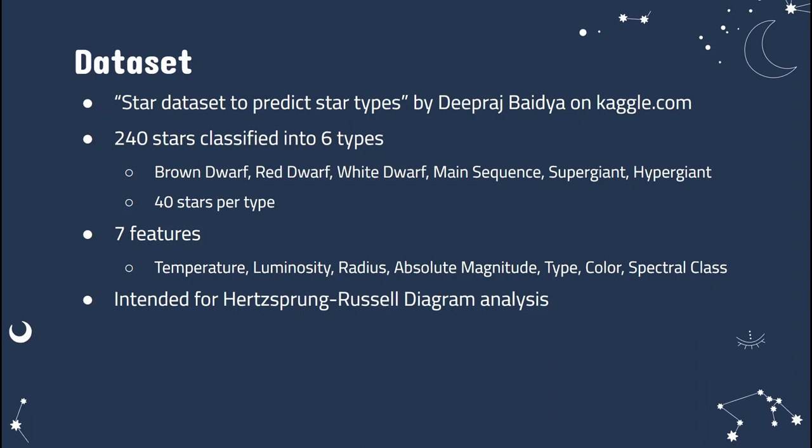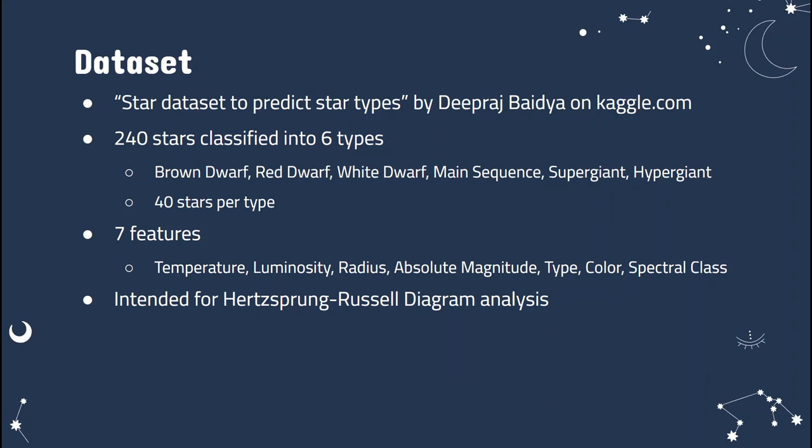It includes temperature in Kelvin, luminosity in number of suns, and radius, also in relation to our sun. It also has the absolute magnitude, the type, obviously, which is one of the 6 types mentioned before, the color of the star, and its spectral class, which is sort of adjacent to color, but there's some difference there.